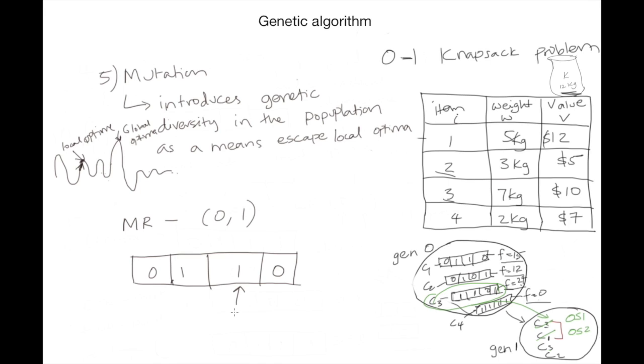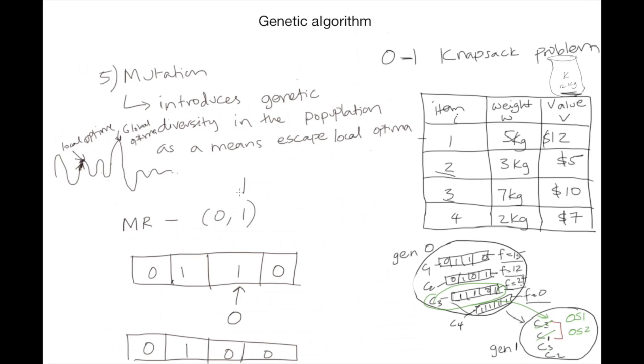If it's a 1, it becomes a 0, and a 0 becomes a 1. So in this case, the new chromosome after mutation looks like this. Fundamentally, for each of the chromosomes that you see, there might be a few genes which are getting flipped. So this introduces genetic diversity, and normally we don't want it too much.